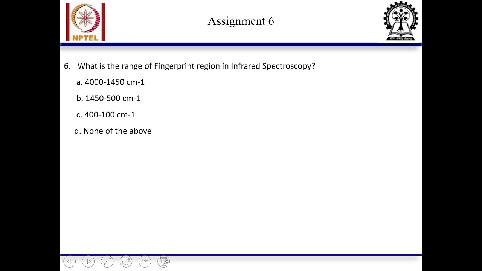Whether it is 4000 to 450 centimeter inverse, or 1450 to 500 centimeter inverse, 400 to 100 centimeter inverse, or none of them. Okay, Shweta is saying A, Soundarya is saying C. Anyone else?